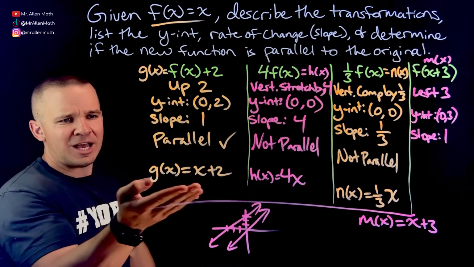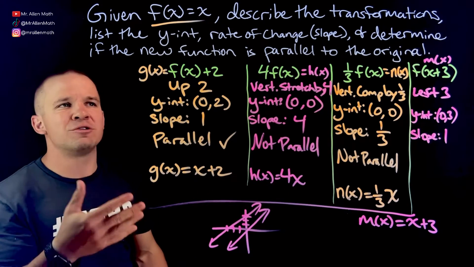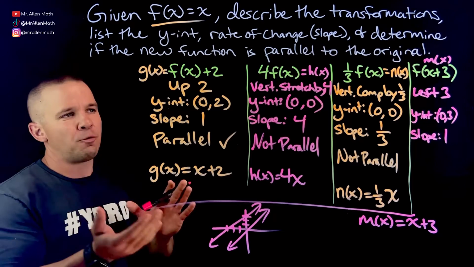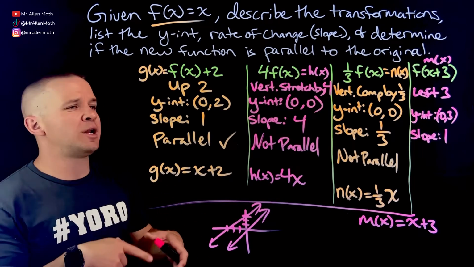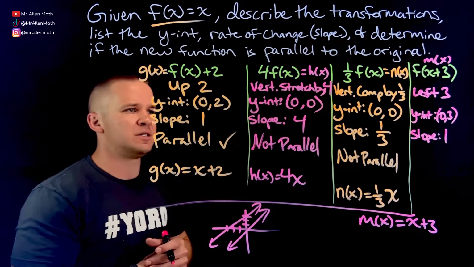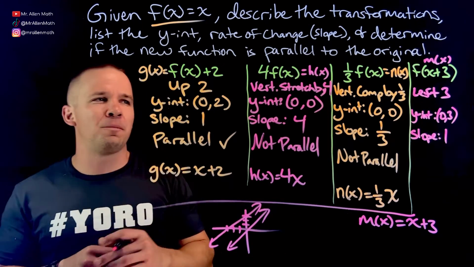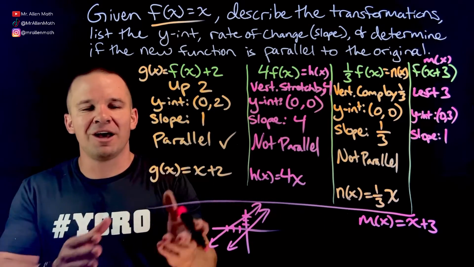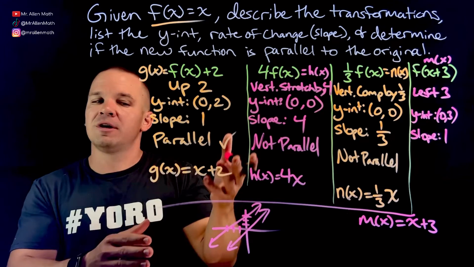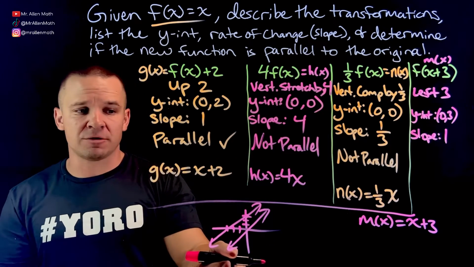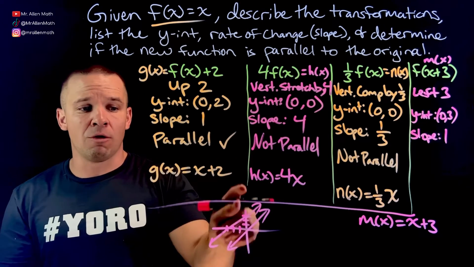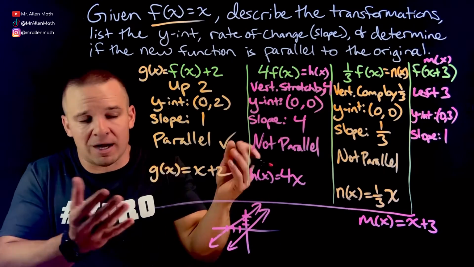In the equation, it does look the same when you're dealing with linear equations. As you get into quadratics and exponentials, you'll start to see some differences. But with linears, they're their own little beast, because if I move to the left 3, it also looks like it moved up 3. So we would accept left 3 or up 3 for that transformation.